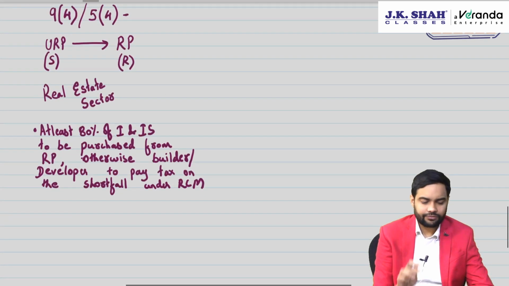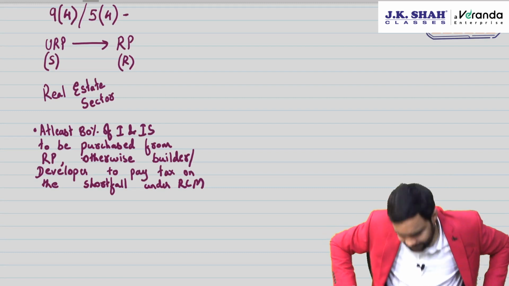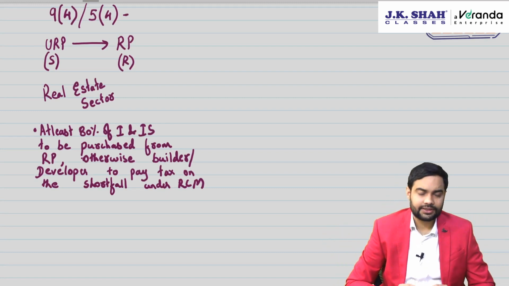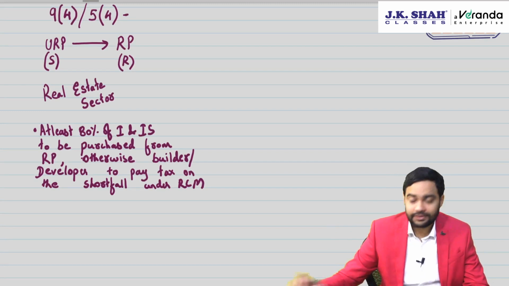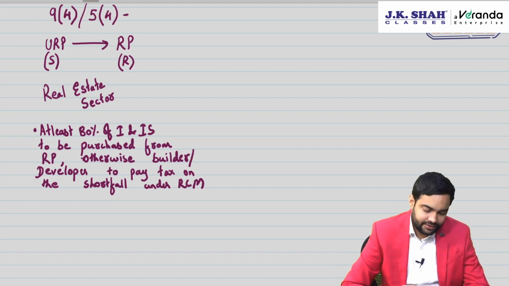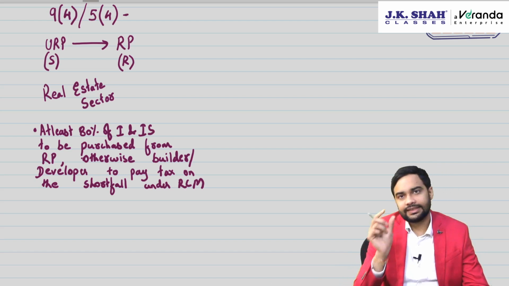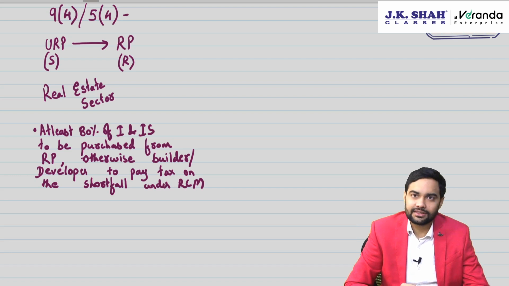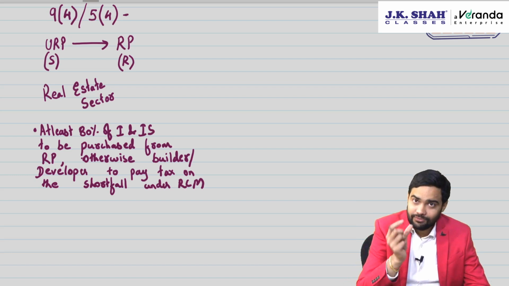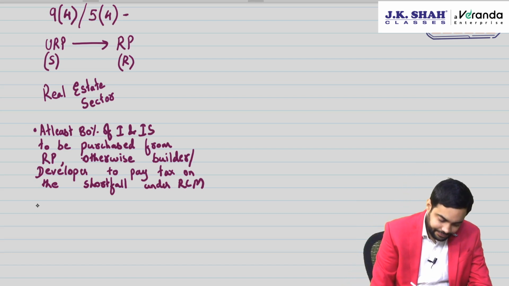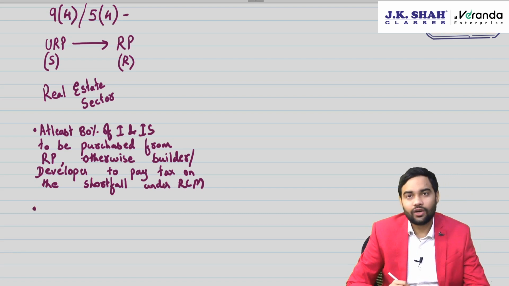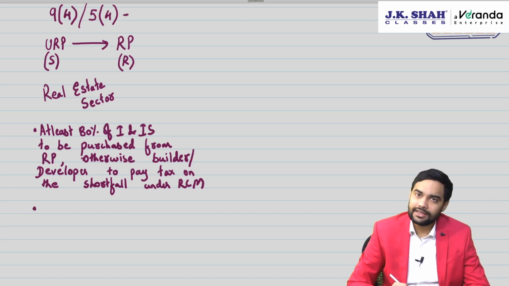That means out of the total purchases, at least 80% should be purchased from registered persons. If this 80% is not met, then in that case, say suppose 75% is purchased from registered persons, then on the 5% the recipient has to pay tax under RCM. That means you have a leeway of 20%. 20% of your input and input services you can purchase from unregistered persons.